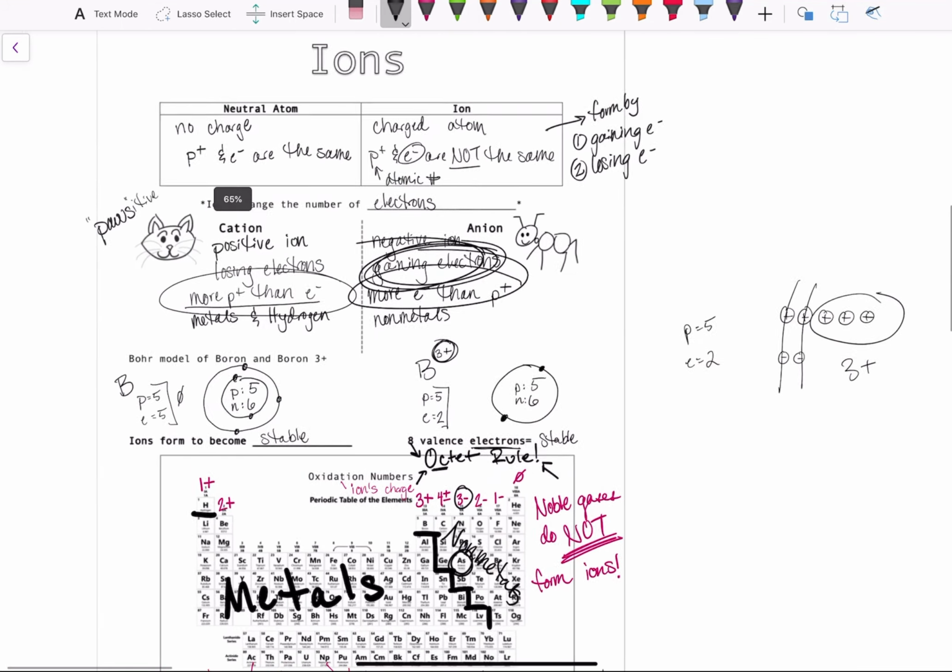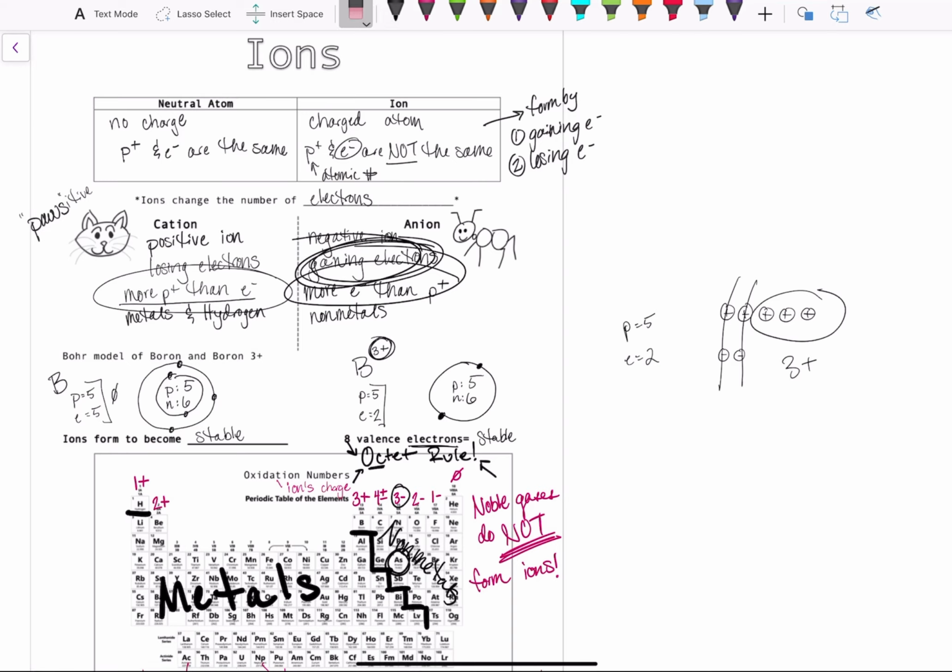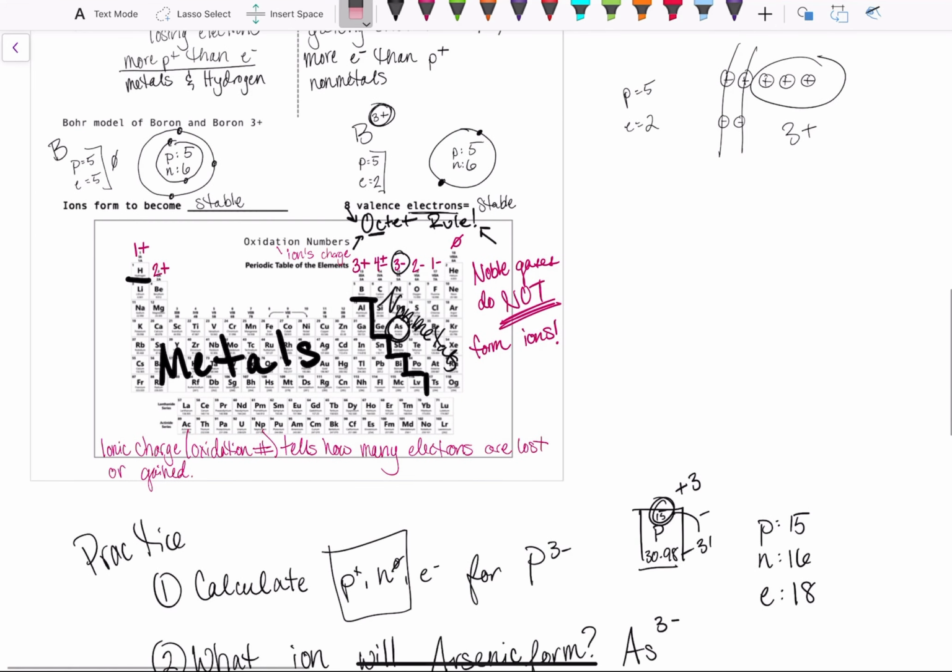Okay, so quick recap. You guys know the difference now between a neutral atom and an ion. You know the difference between the 2 types of ions. We have cations that are positively charged, and we have anions that are negatively charged. You can draw a Bohr model and calculate the protons, neutrons, and electrons for neutral atoms and ions. You know that ions form to become stable, and so because of that, noble gases don't form ions.